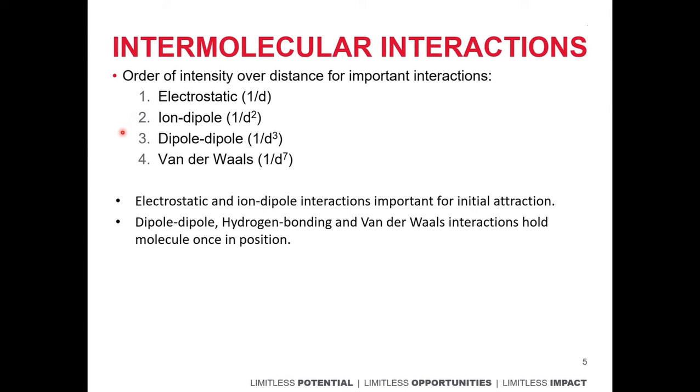However, dipole-dipole and van der Waals interactions in particular are only felt over a very, very short range. As the molecules get more distant from the interaction sites, the strength of that interaction, especially for van der Waals interaction, drops off exceptionally quickly.